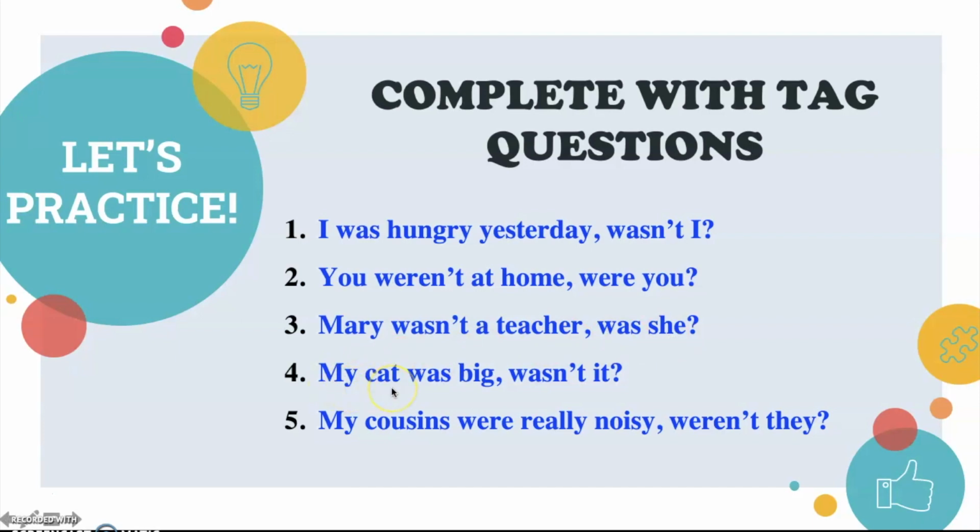My cat, as it is an animal, I cannot say wasn't my cat. I have to use the subject pronoun that can replace it, which in this case is it. My cousins, in number 5, we are using a plural noun. We have to replace my cousins with a subject pronoun, which in this case is they. Well done, guys!